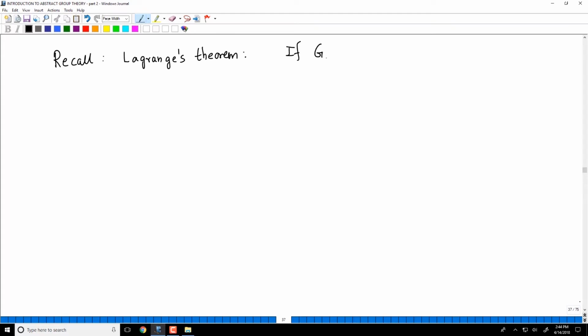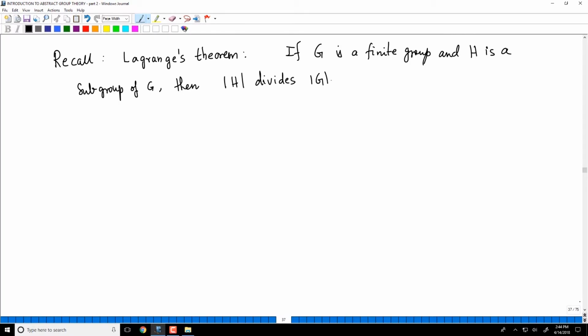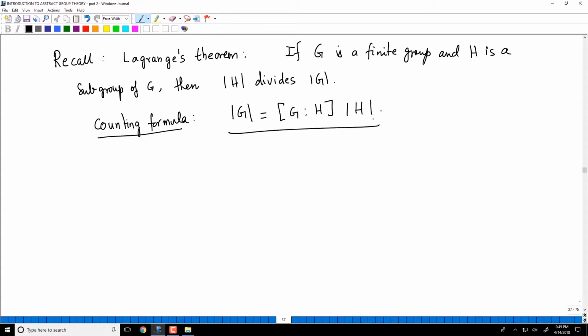So if G is a finite group, and H is a subgroup of G, then we have the order of H divides the order of G. And in fact we proved this by using the counting formula, which is a more precise statement about the orders of G and H. So not only does the order of H divide the order of G, we have this counting formula.